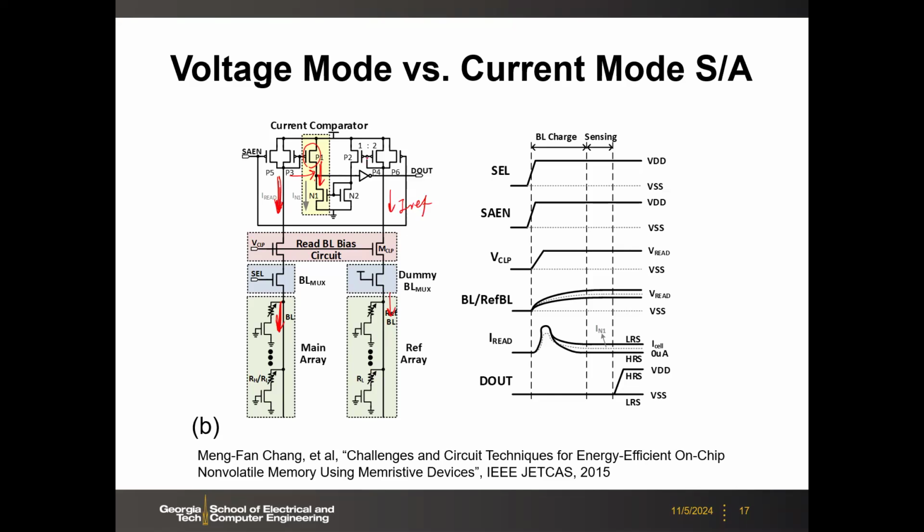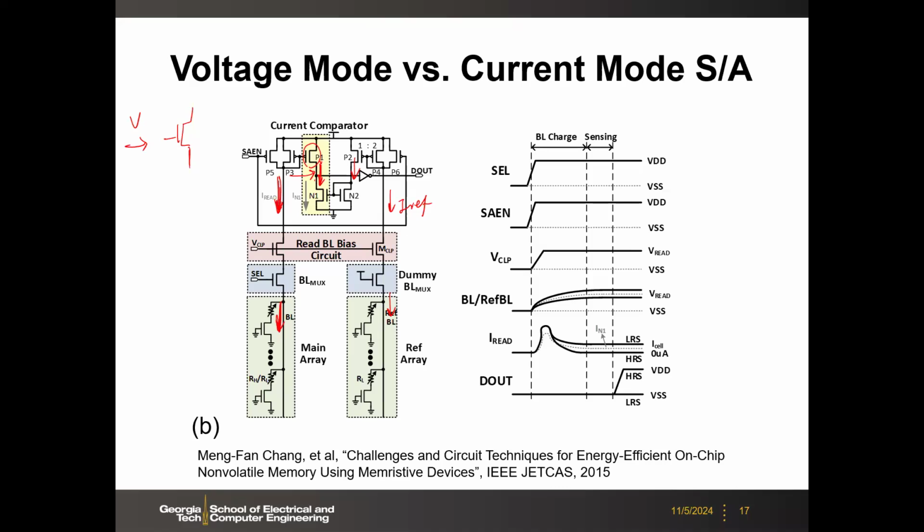So here this current will also be mirrored here, and then you have this kind of mirrored structure again. But why is this current mode? Any idea? Why is this circuit current mode? So the key to differentiate current mode versus voltage mode, as I said earlier, is that in voltage mode the signal always goes into the gate, right?